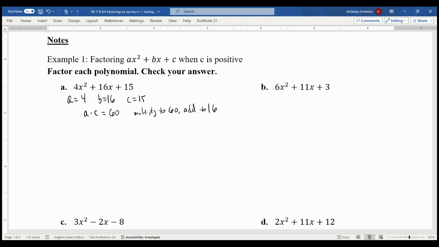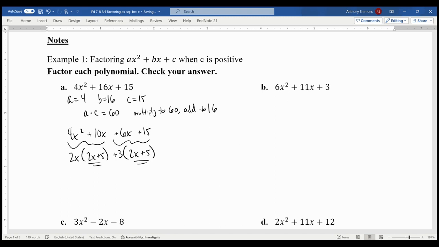So 4x squared plus 16x, we're going to make that plus 10x plus 6x. The order there does not matter, but then we'll do the greatest common factor. Here it's a 2x. Do the division, 2x plus 5. And then the greatest common factor here will be a positive 3. Do the division, 2x plus 5.